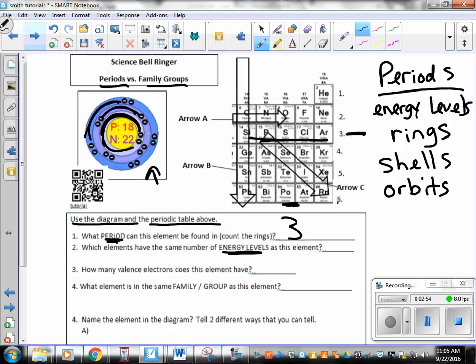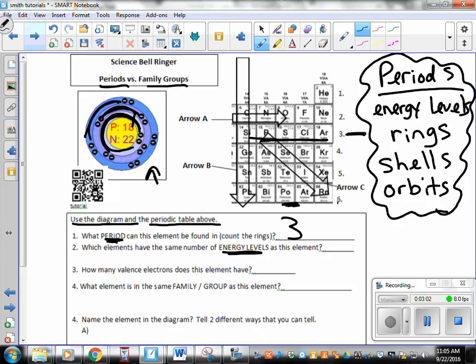Electrons orbit the nucleus, kind of like the planets orbit the sun. So all of these synonyms you need to know. Okay, so which other element has the same number of energy levels? I'm looking for elements in the same period. I have argon, chlorine, sulfur, and so forth, the rest of these.